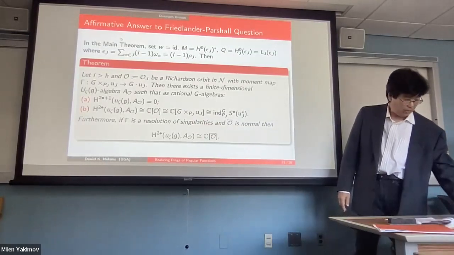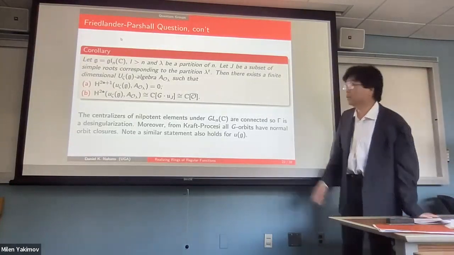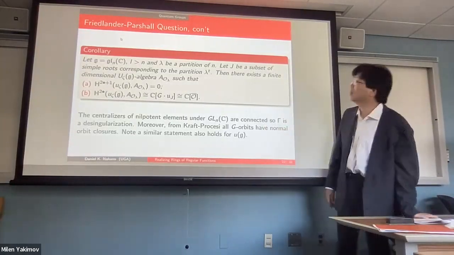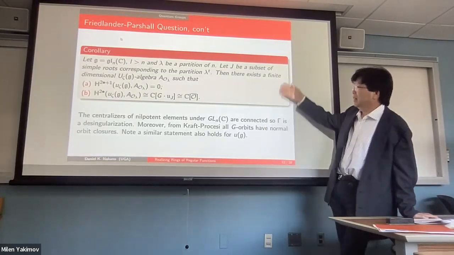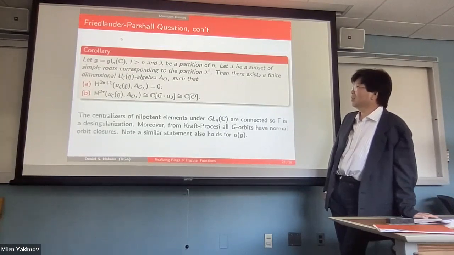Okay, so now in type A, things become very clean. So I think this will answer your question. I just did this to be kind of down to earth. So you take GLN, L is bigger than M, so N's a Coxeter number, and you take a partition of that.